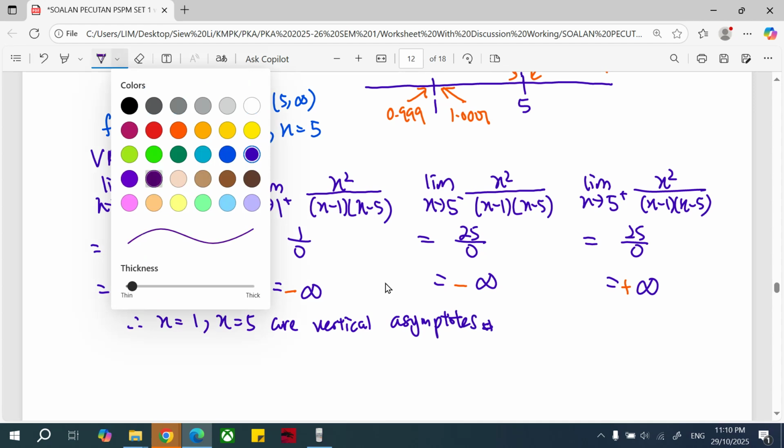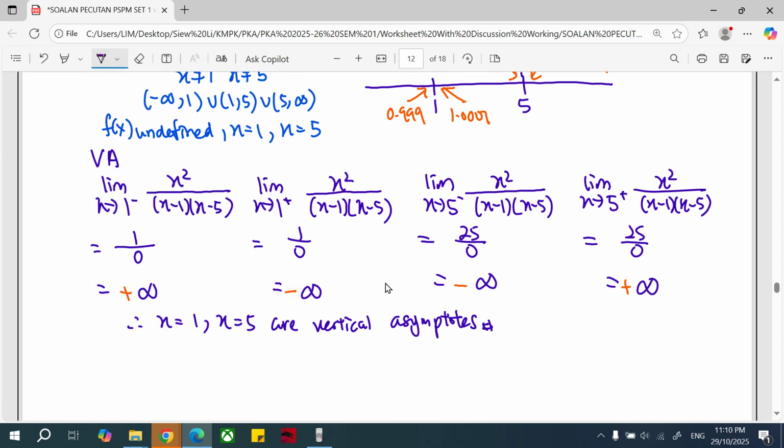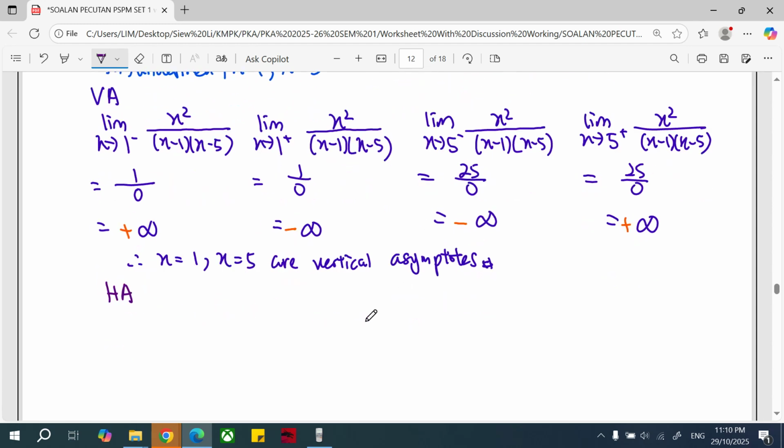Okay, now we continue to the horizontal asymptote. In calculating the horizontal asymptote, our concept is finding the limit as x approaches negative infinity for your function. The function here, I expand: x squared, negative 5x, negative x, negative 6x plus 5. We are going to find the limit as x approaches positive infinity and negative infinity.